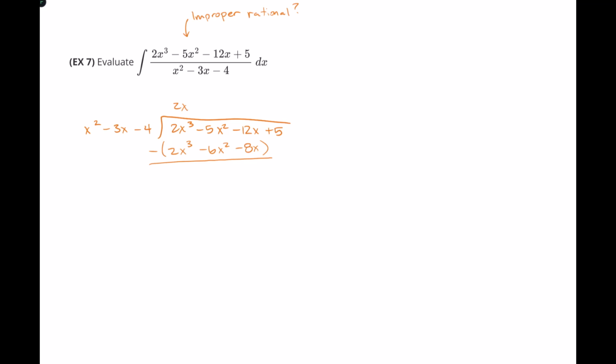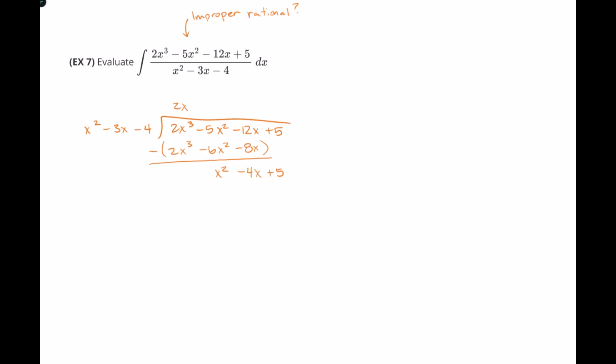Then I have negative 5x squared minus negative 6x squared. So that's the same thing as adding the 6x squared. So it will be just x squared. Now, negative 12x, essentially plus 8x, would be minus 4x. And then just like with regular old long division, we bring the next term down. And we repeat our process.